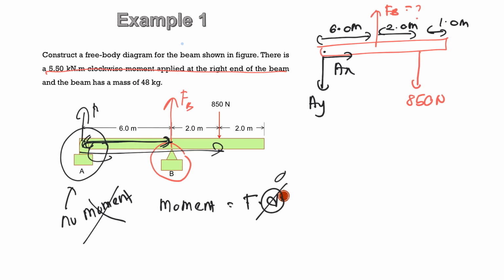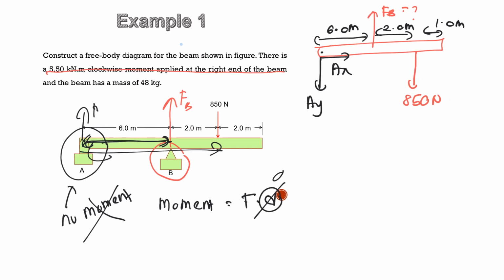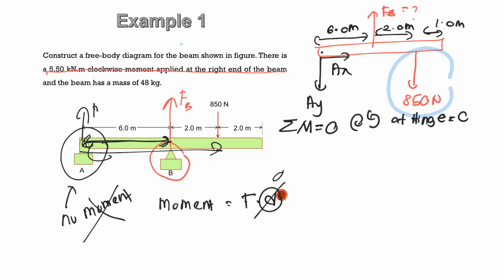Now I encourage you to use first the sum of moments equals 0, which is net moment equal to 0, which means that you only focus on clockwise and anti-clockwise. Please take note, at the hinge your moment is 0. So there are only two forces here, which is basically easy, which are 850 and FB.